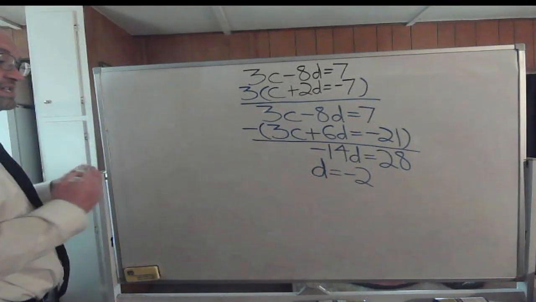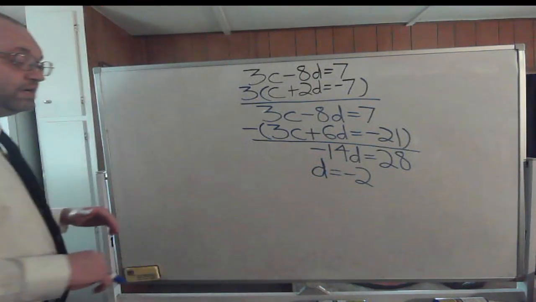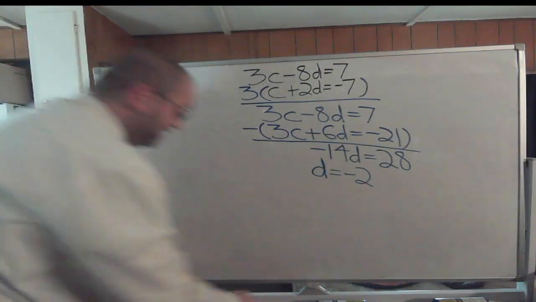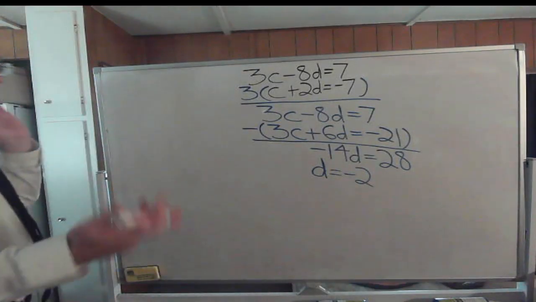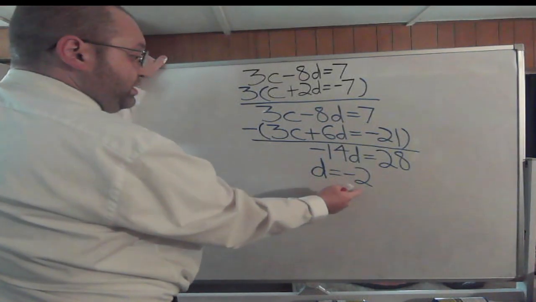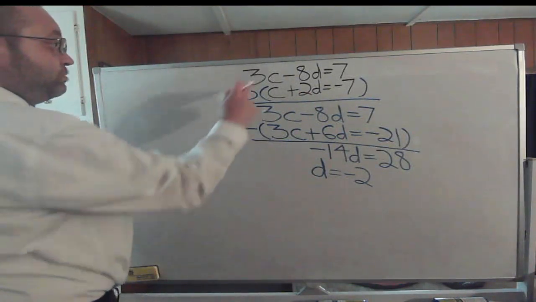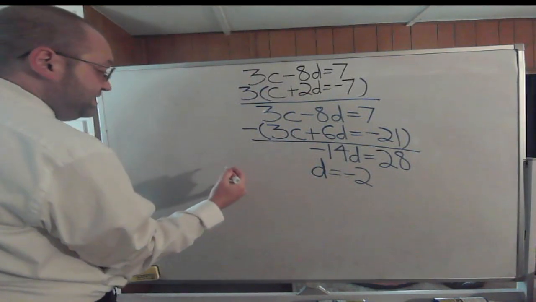So you found the d coordinate of the solution. Now we just got to find the c coordinate, and that's done just by taking your d coordinate and sticking it into one of the original equations. We'll go with 3c minus 8d equals 7.